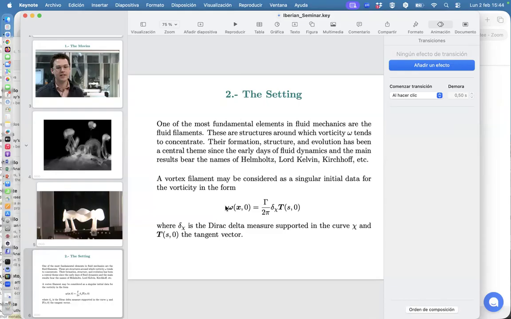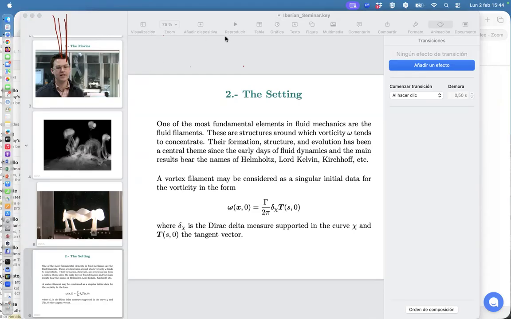Can you? No, but this is too complicated. Oops. No, this is worse. Full screen. How is this? What happened? What did I do? Okay, now.